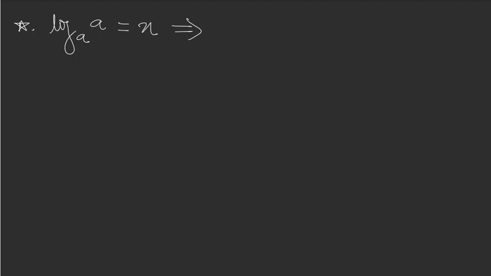So that means a raised to x is equal to a. A number raised to another number gives the same number, right? What could be x? Of course, x could be only one number, that is 1. Anything raised to 1 is the same number.